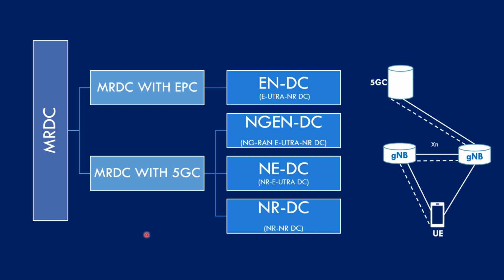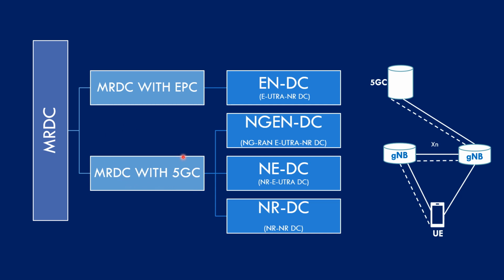So first we have the type of dual connectivity. Dual connectivity as a whole is called multi-radio dual connectivity. Then based on the type of core used, it can be divided into two parts: MRDC with EPC if the 4G core is used, and MRDC with 5GC if the 5G core is used.